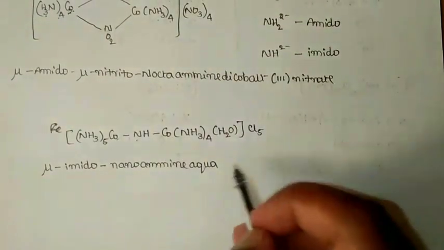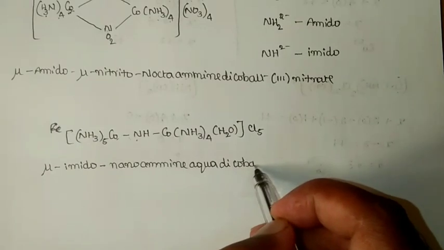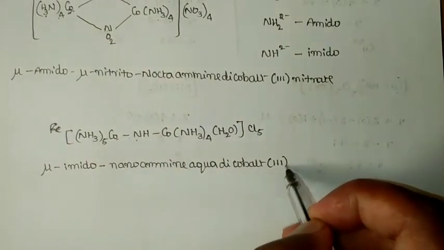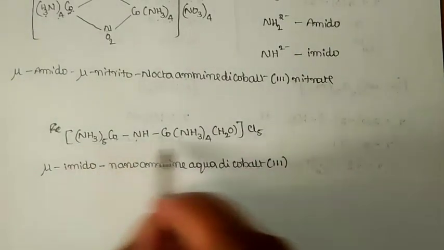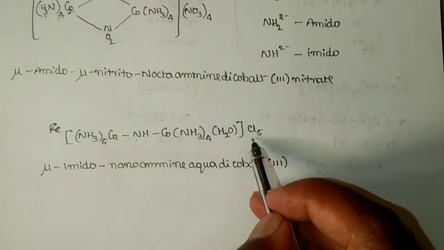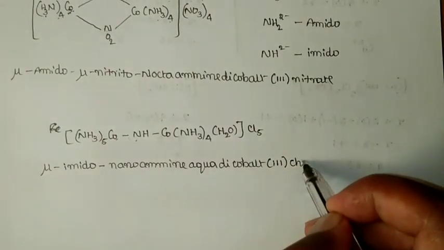There are 2 cobalts, dicobalt, and cobalt is in 3 plus oxidation state, 3. So we have written the name of the coordination sphere which is acting as cation, and now we have to give the name for the ionic sphere, that is chloride.